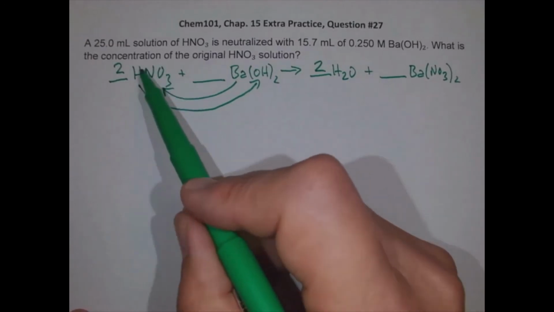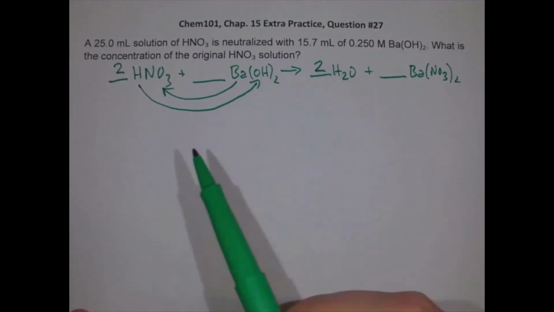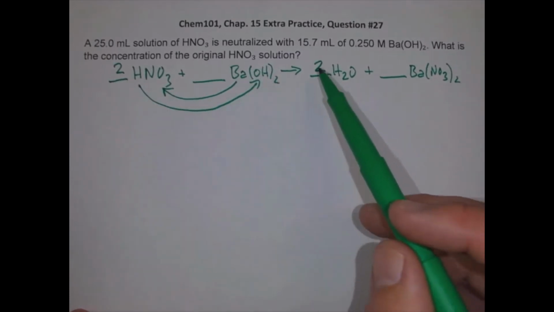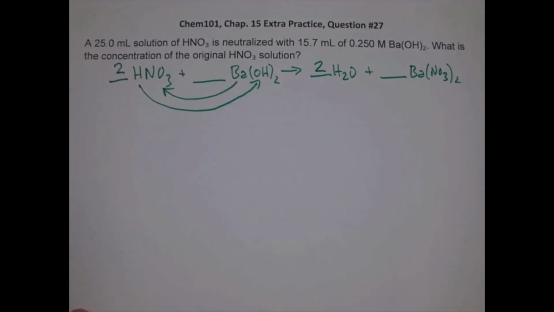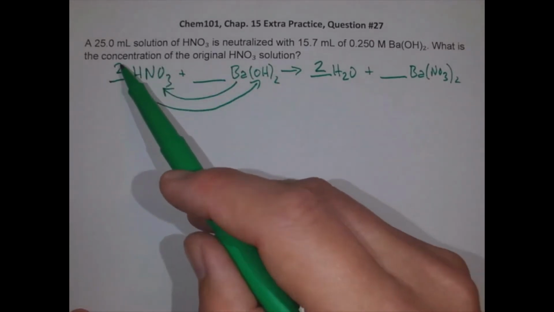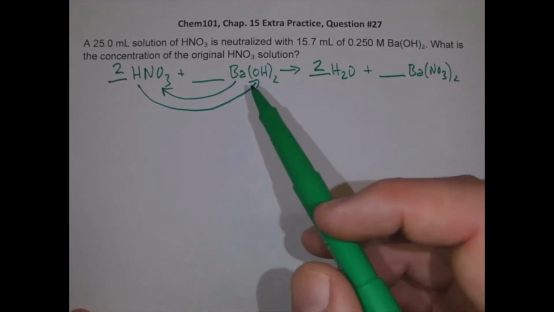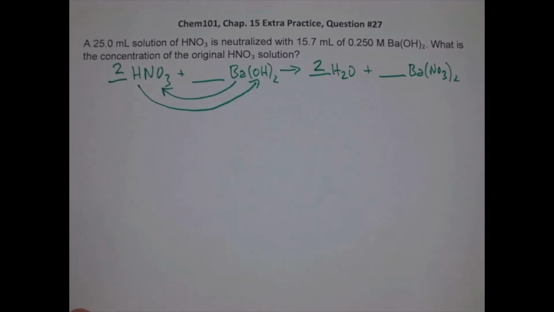Remember, I balanced this nitrate together, so I'm not going to mess with that. I have 2 times 2 hydrogens, so 4 hydrogens on each side. I have a barium on each side, and I have 2 nitrates on each side. So now my reaction is balanced. And that's important because it gives us the mole ratio between the nitric acid and the barium hydroxide.